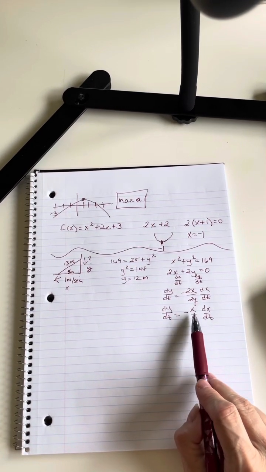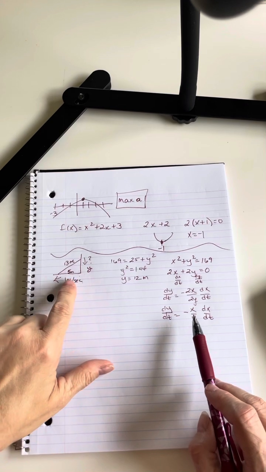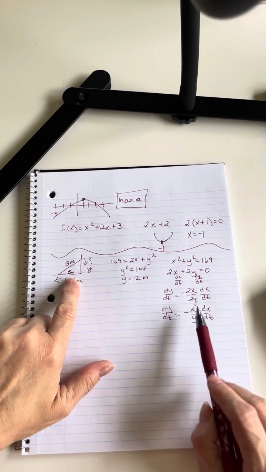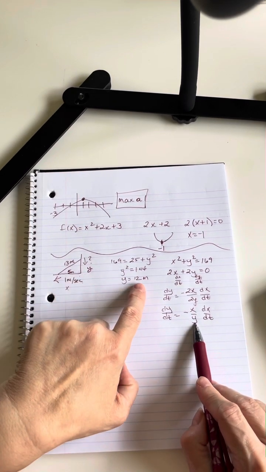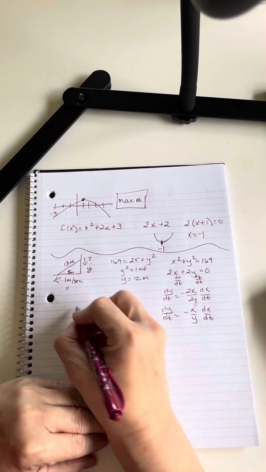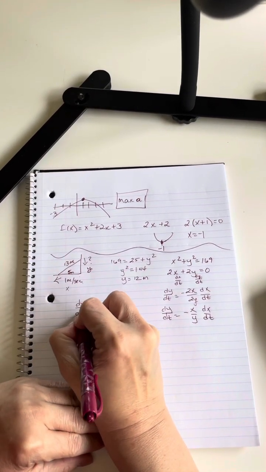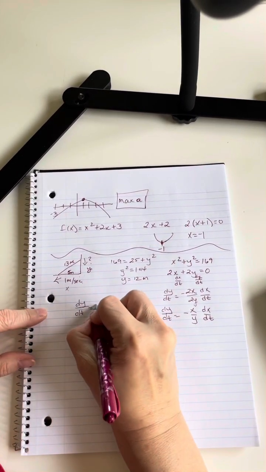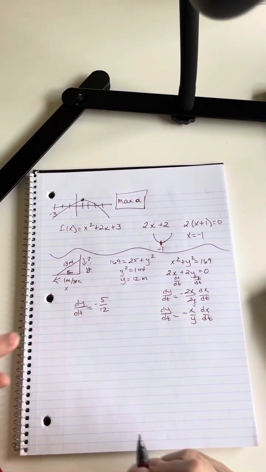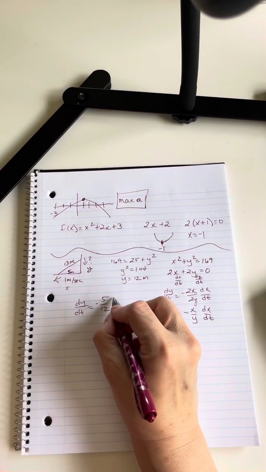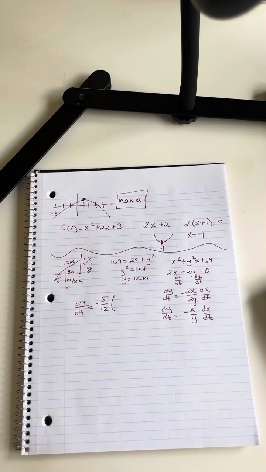Now, we just found that our original x was 5 and we found our y to be 12. So we're filling in: dy over dt equals negative 5 over 12 multiplying dx over dt. Well, what was that dx over dt?